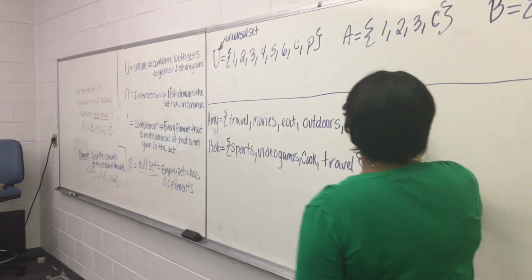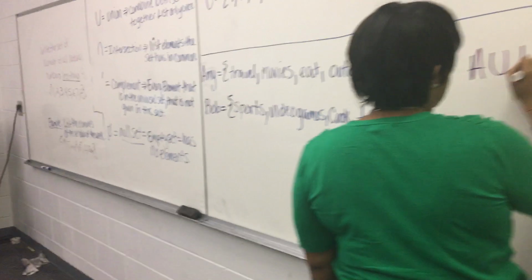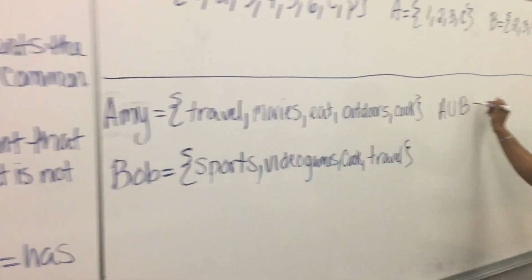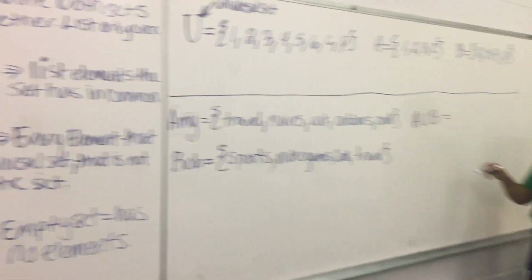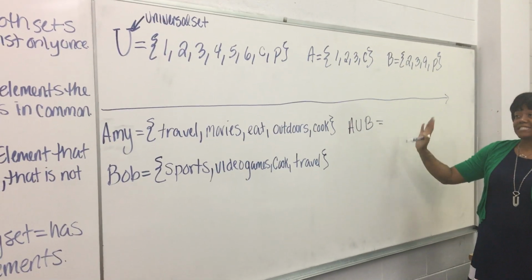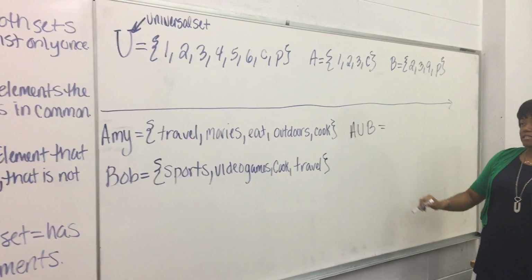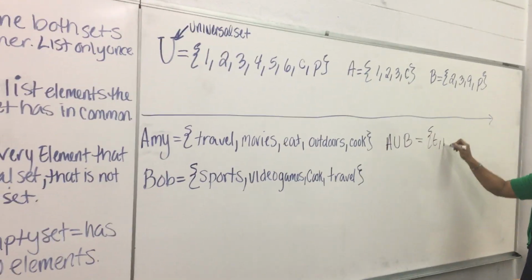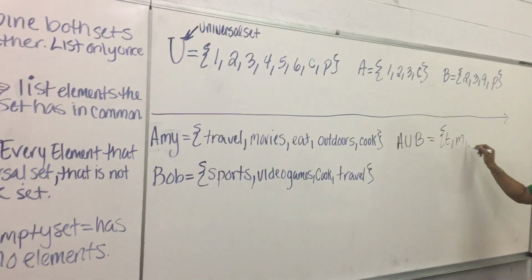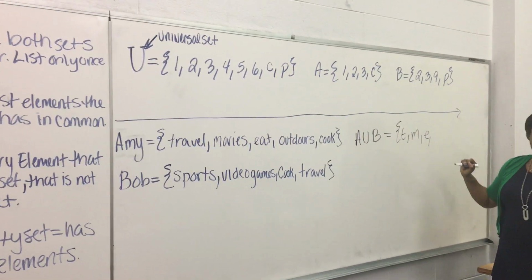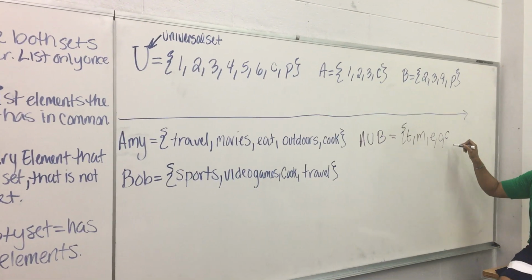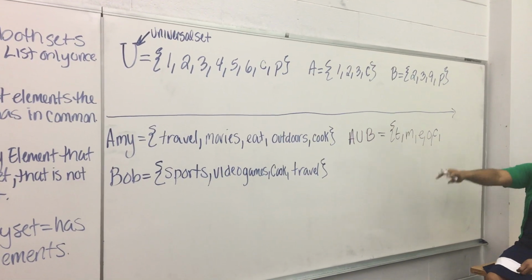So, if we do A union B, this U indicates a union. What does that mean? We would list everything of these elements. So it would be travel, we'll use it for a T. Movies, we'll use it for an M. Eating, an E. Outdoors, an O. Cooking, we would use a C. And then we would go to Bob.